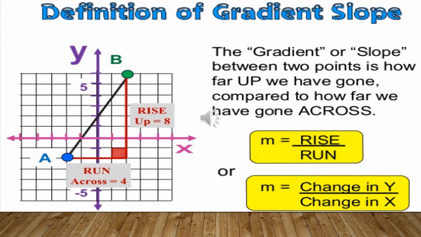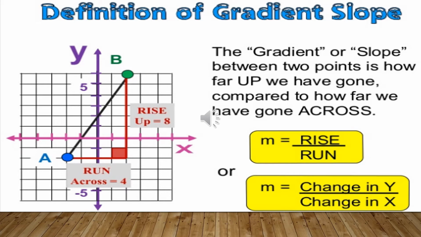If you are talking about these 2 points A and B, it has run across 4, means 1 2 3 4, and how much has it risen? 1 2 3 4 5 6 7 8. You can see that the rise and the run are both represented by the red color. So the slope m will be rise upon run, means 8 upon 4. The slope will be 2.